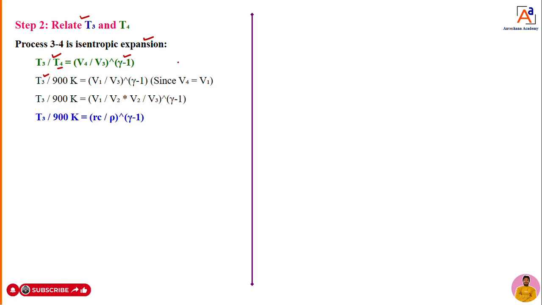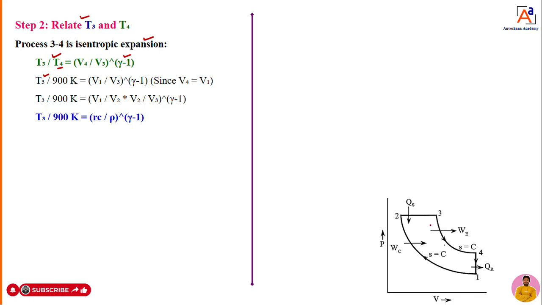Then V4 by V3. Dear students, in the cycle itself you can see that when we draw a vertical line, V4 and V1 lie on the same point. That means in the heat rejection in the diesel cycle, the volume V4 is equal to V1.